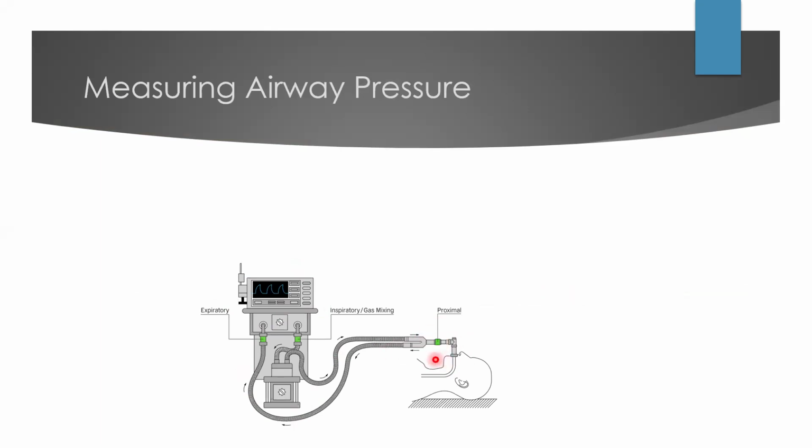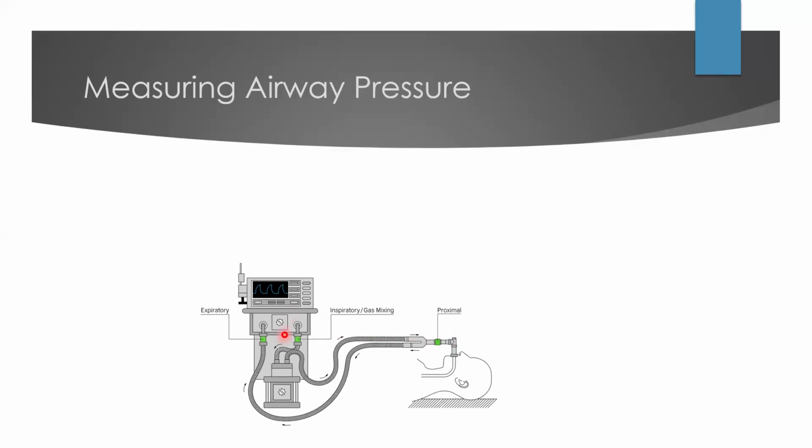the circuit, very close to the patient, which will be almost equal to the airway opening pressure of the patient. We know that the airway opening pressure is the pressure at the tip of the ET tube, or at the face mask in the case of NIV. So when we measure at the proximal point, it will be almost equal to the airway opening pressure.